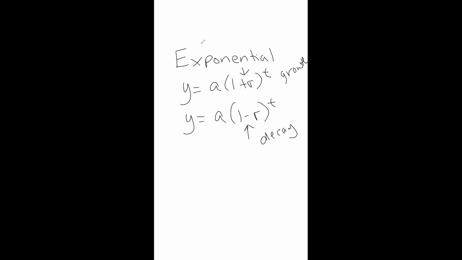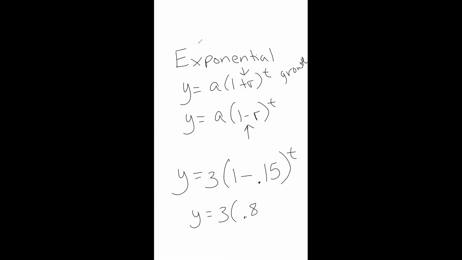Well, let's give an example. If I have y equals 3, 1 minus 0.15, then this is telling you that it's a decay. The subtraction sign is telling you it's a decay. You could also solve it. 1 minus 0.15 is 0.85, and 85 cents is less than $1, so that's a decay.